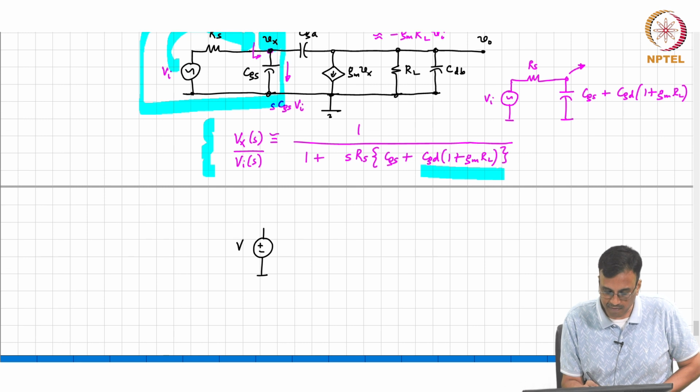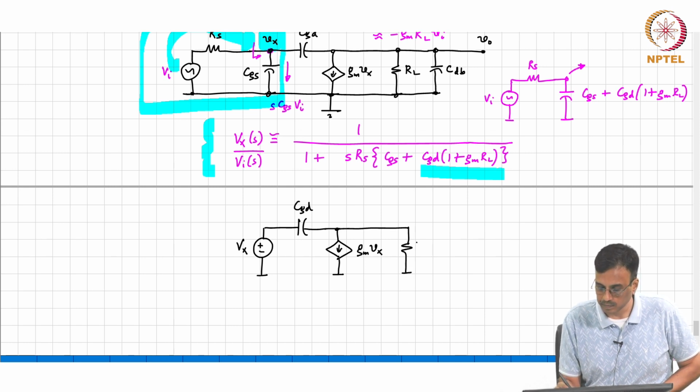So, basically all that we are doing is replacing, if you want to look at it that way. Let us assume we have Vx here and you have CGD, this is GM Vx, this is RL and this is CD.